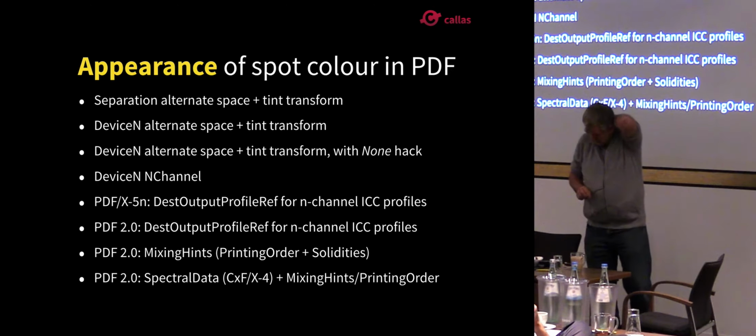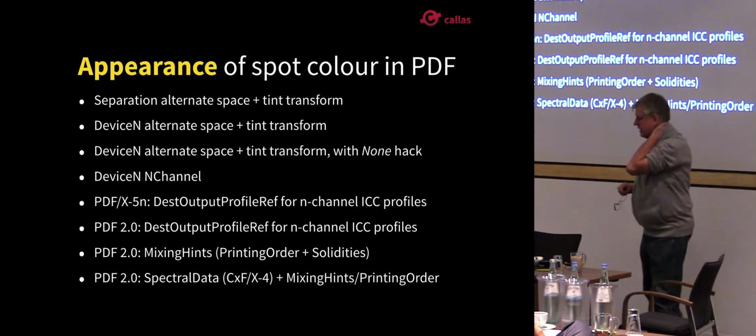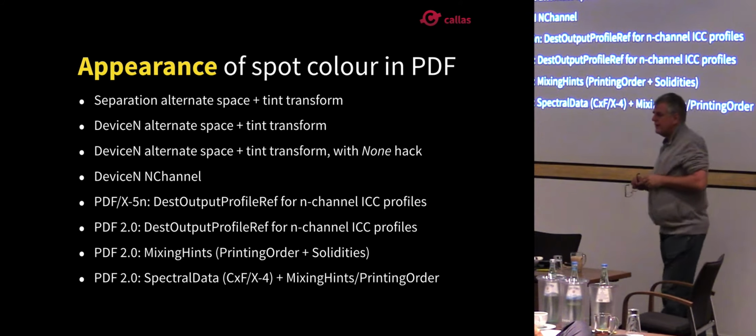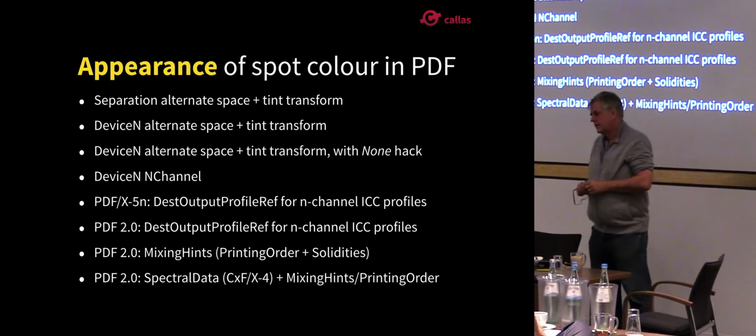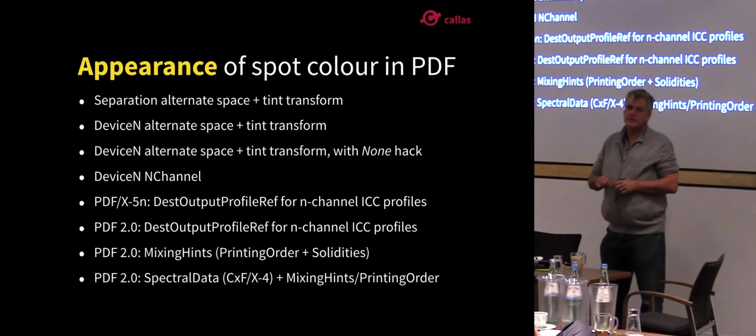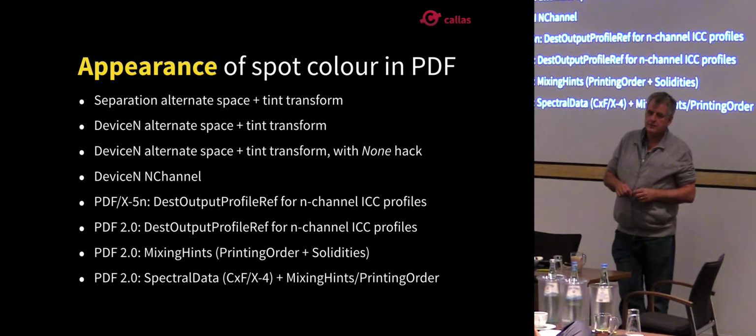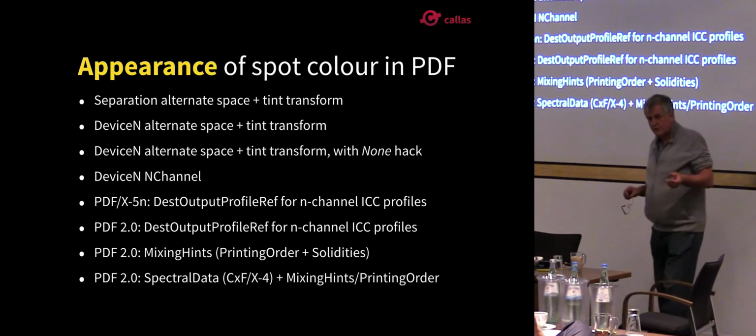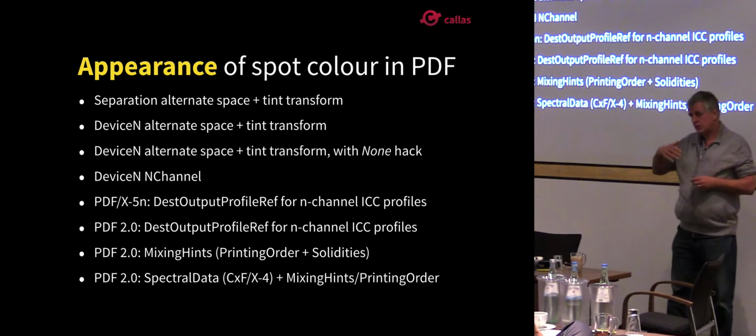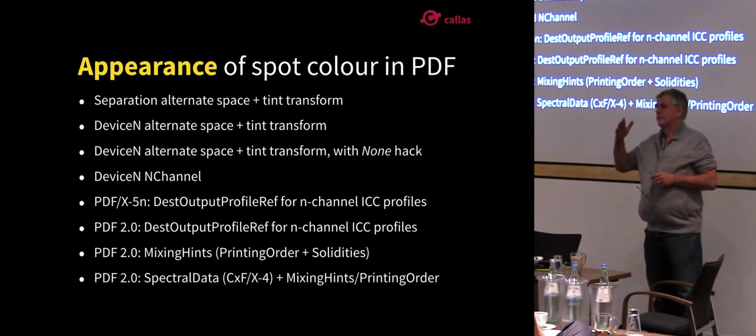There's another interesting possibility, which has only been available in PDF/X-5n and was added to PDF 2.0. That is the possibility to reference an N-channel ICC profile. An N-channel ICC profile goes beyond the CMYK profile because it can also have, on top of CMYK, one or several spot colors.